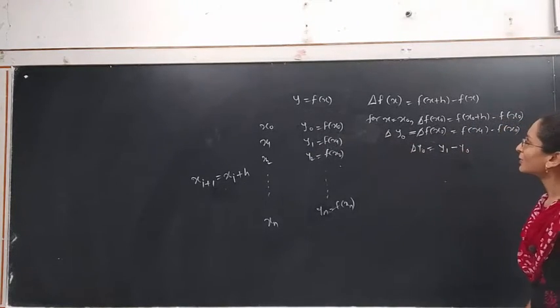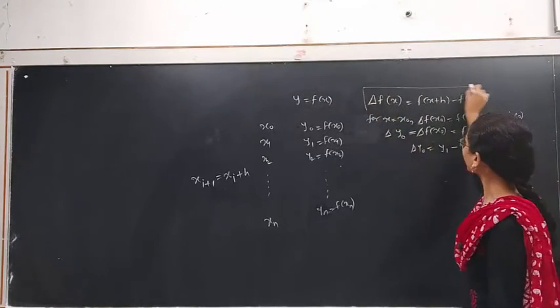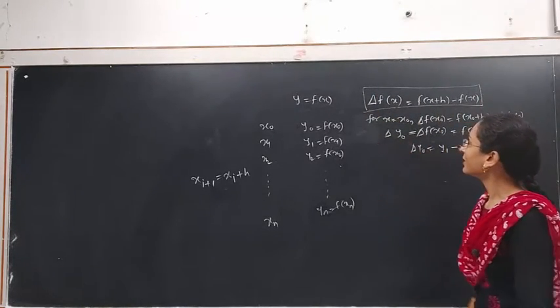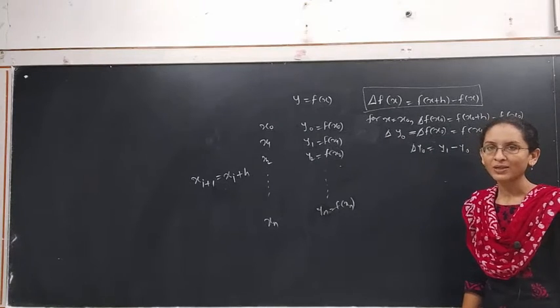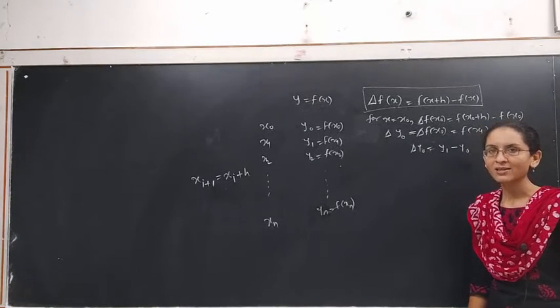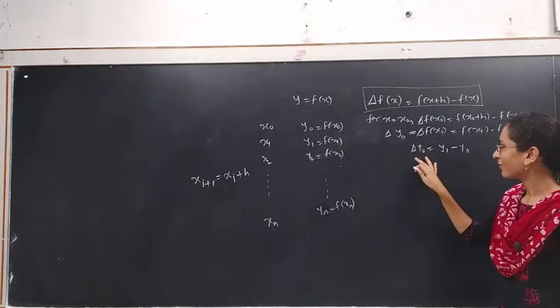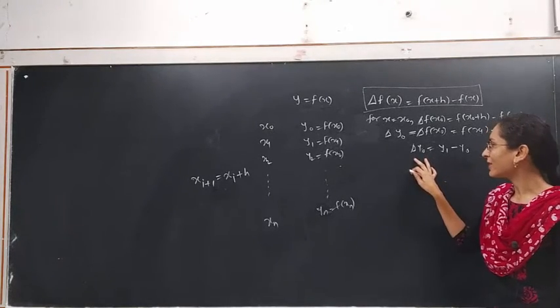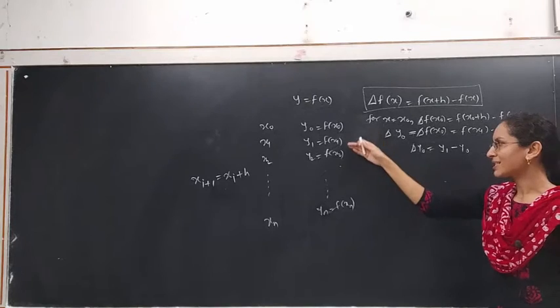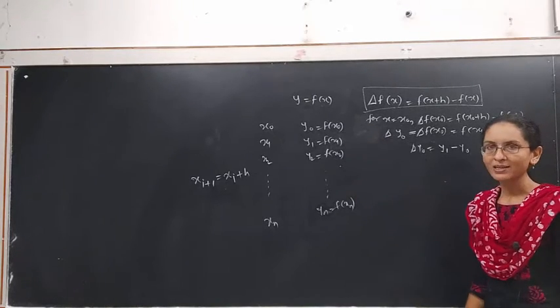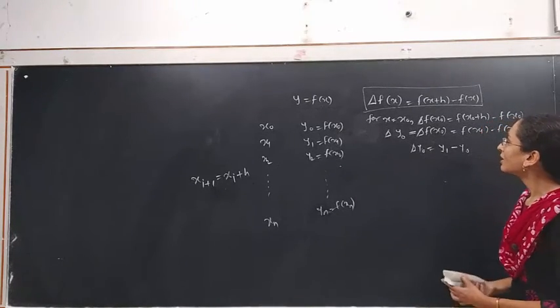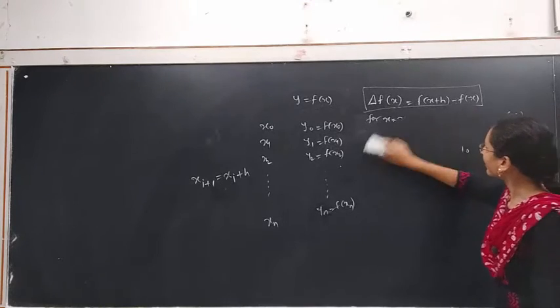So y1 minus y0. This is the definition of first order forward difference operator. Delta f of x is equal to f of x plus h minus f of x. From that we will get these first order forward differences for the points y0, y1 up to yn minus 1. Now we discuss the backward difference operator.